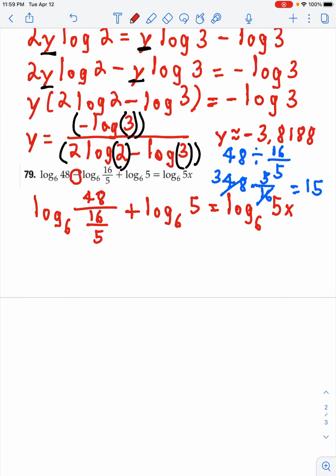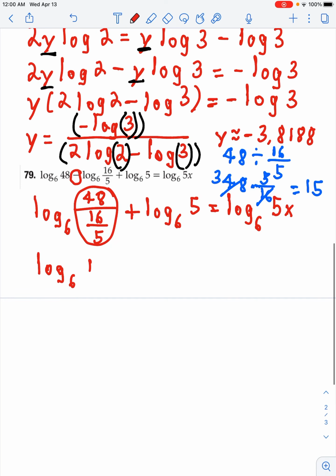So this whole quantity right here just is really equivalent to 15. You probably wouldn't have guessed that, but that means we have log base 6 of 15 plus log base 6 of 5 equals log base 6 of 5x.